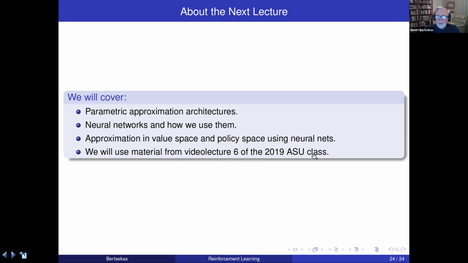That will be helpful, because we're going to be skipping a lot of material and we're going to be going fast. After we cover parametric approximation architectures and the issues of training of value and policy networks, then we're going to go into infinite horizon problems, and then we're going to focus on both the theory and also approximations in terms of policy iteration.